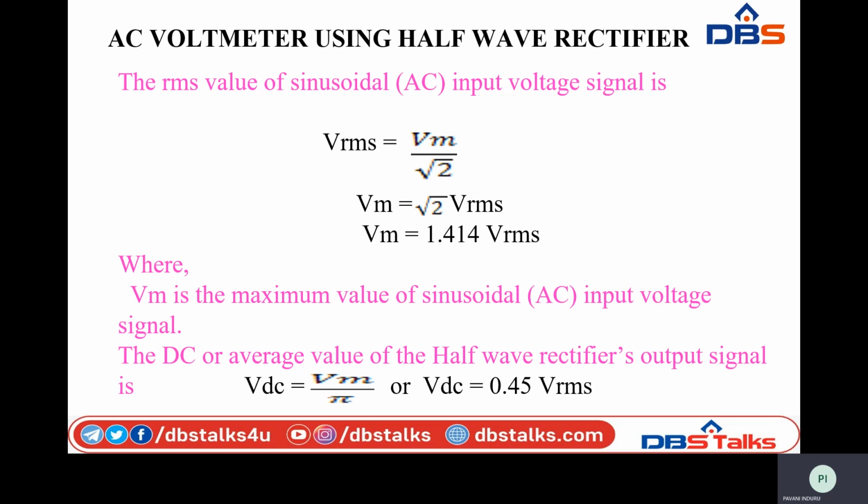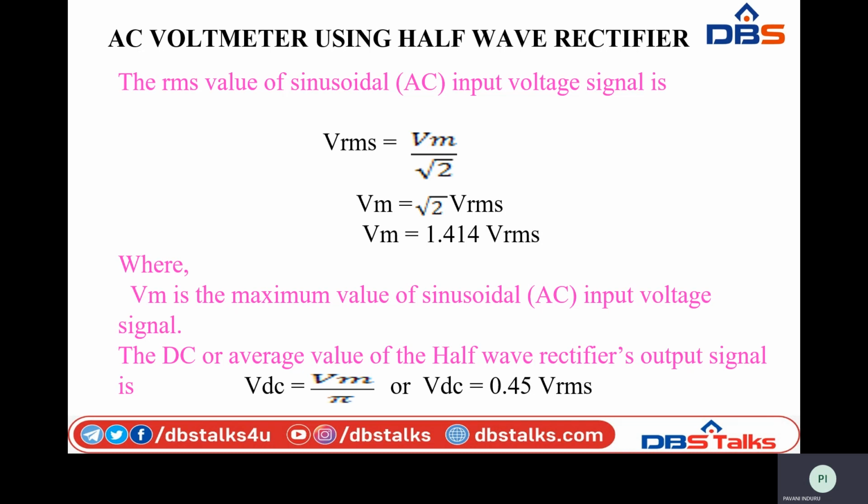And VM is again written as square root 2 times V_RMS. That means the PMMC galvanometer is able to measure the root mean square value of the applied input. So the total voltage that can be measured with the AC voltmeter using half wave rectifier is VM equal to 1.414 times V_RMS.